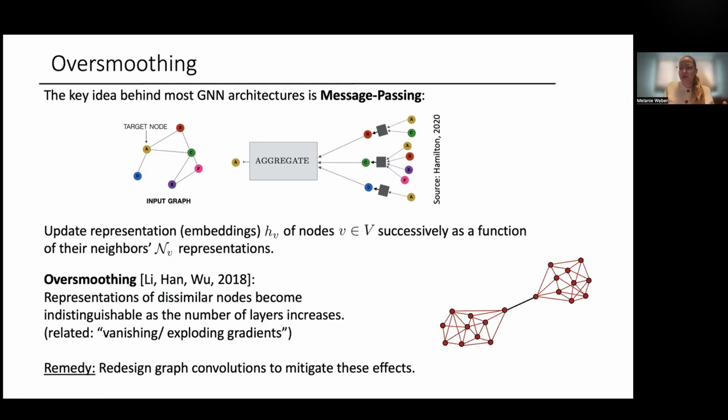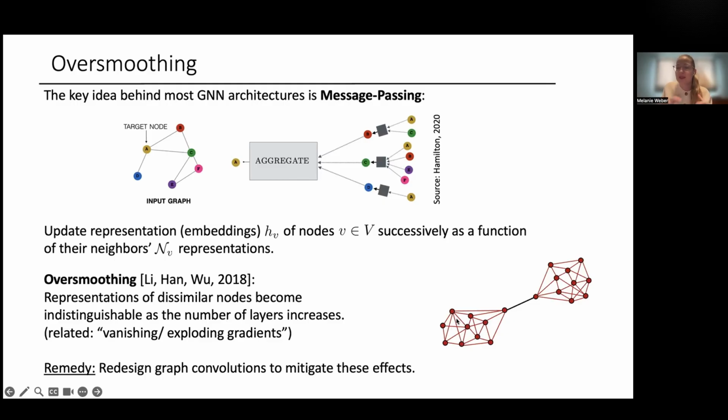Now, where does oversmoothing come in? Due to the way this message passing is constructed, think about if we have a node that's in a very densely connected region of the graph. Then as we keep statistically aggregating information over the neighborhood, the messages will become very similar between close by nodes, right?